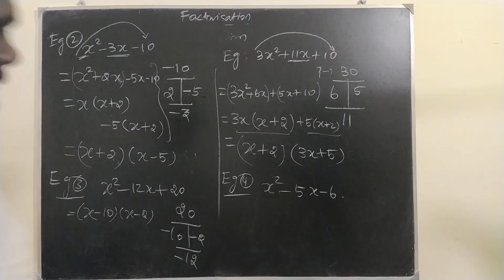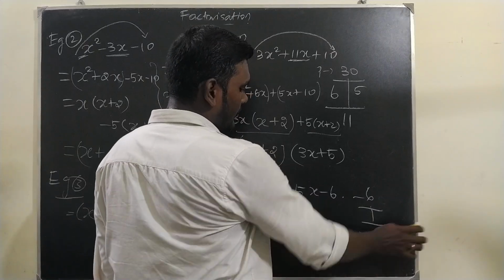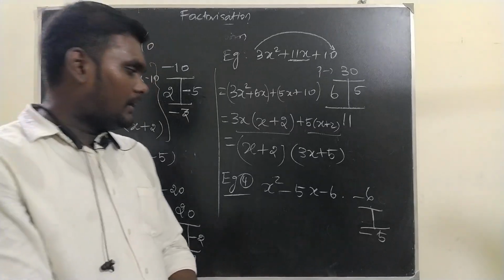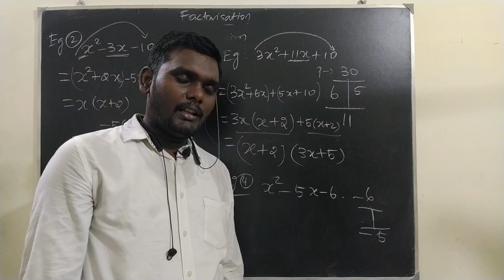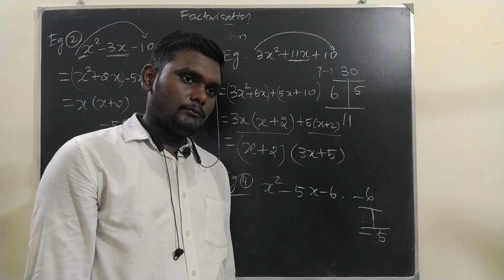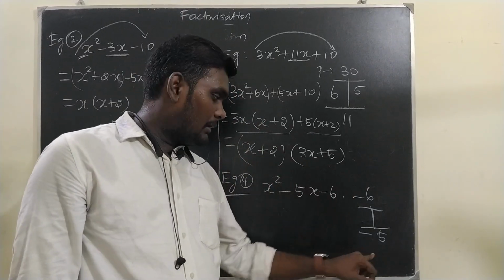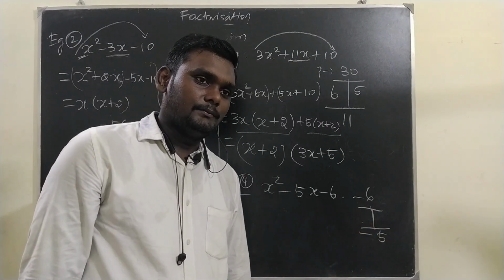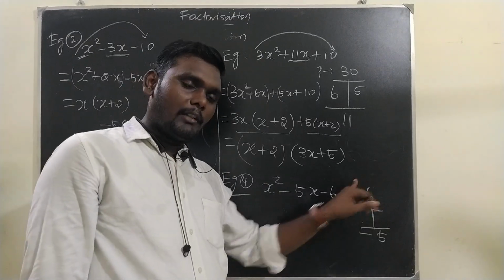By multiplication minus 6, by addition minus 5. You did the same, right? Then two numbers. 2 3s obviously will not come. You may get 5, but minus 5 will not come. When both are negative, this will be plus. Minus 2 minus 3 means the product will be plus 6.